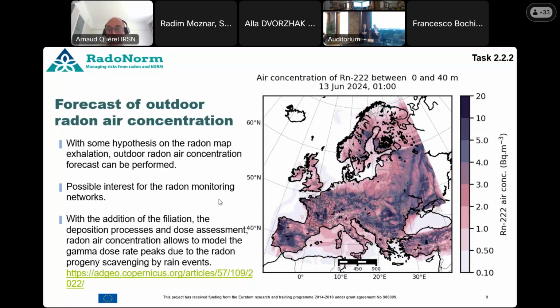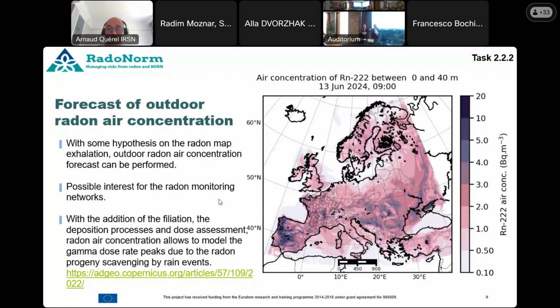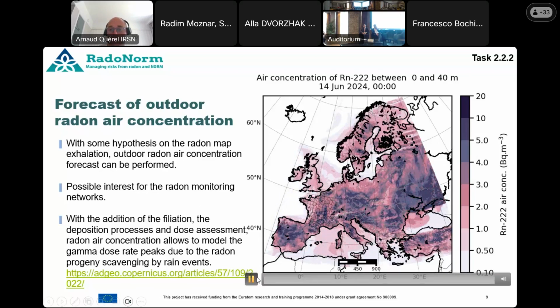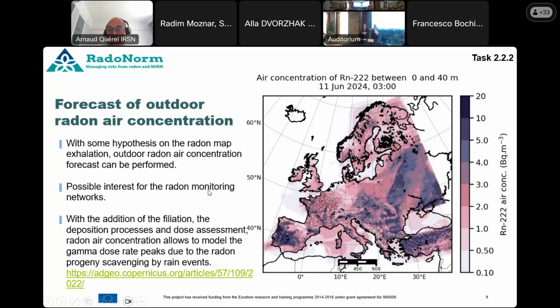And you can also observe that the meteorological trends can move the radon air concentrations from west to east. So these are both phenomena you can observe from this movie concerning the 4 coming days.